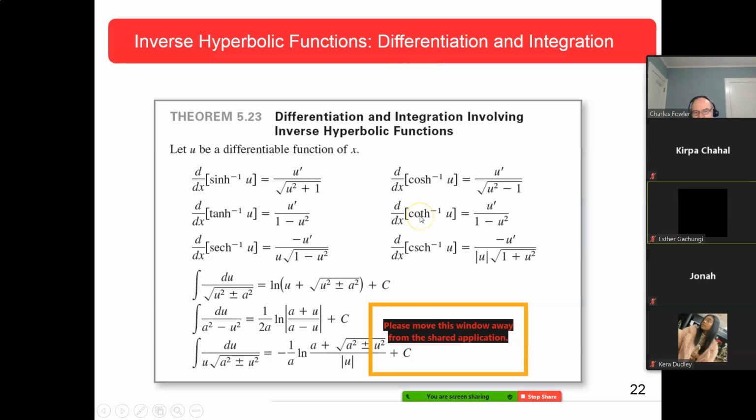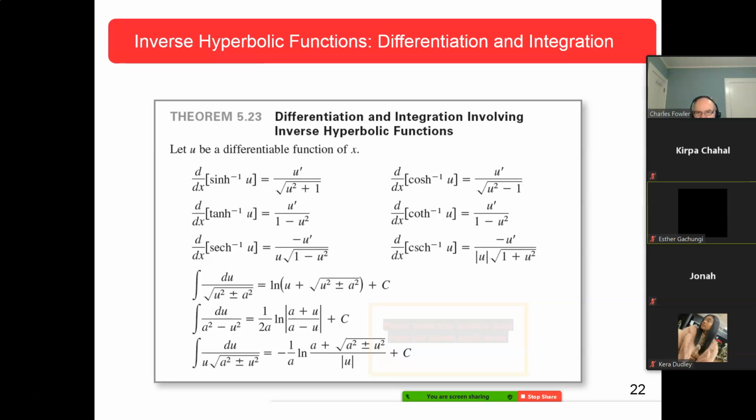And the hyperbolic cotangent, I think it's probably not this similar, but anyway, I don't even use inverse cotangents very frequently. It's just something that's not very useful. But anyway, here they are.